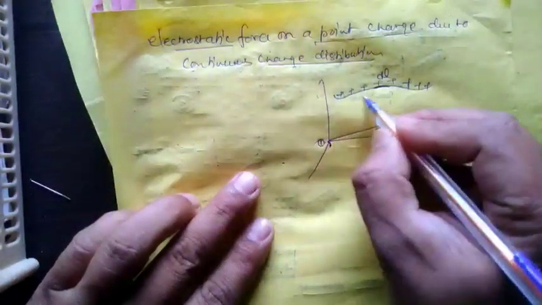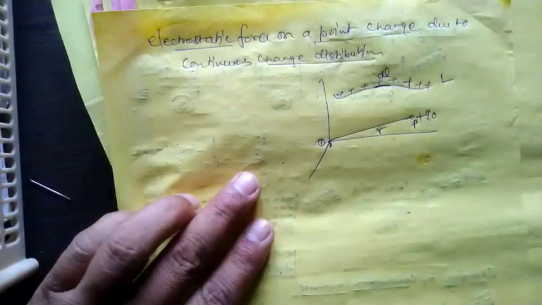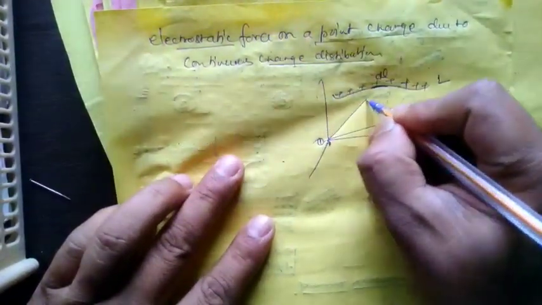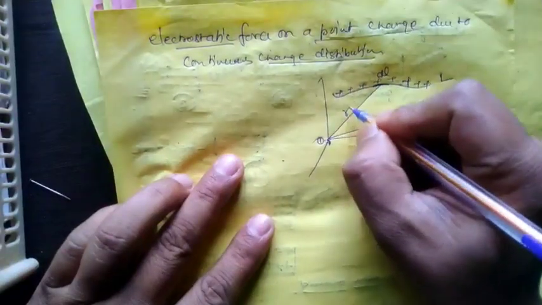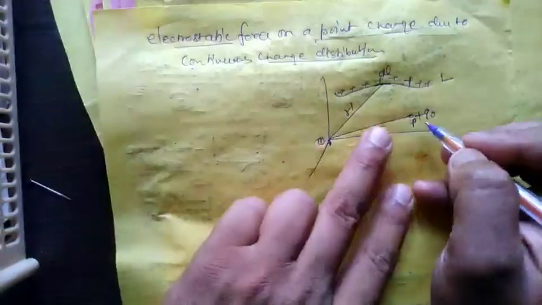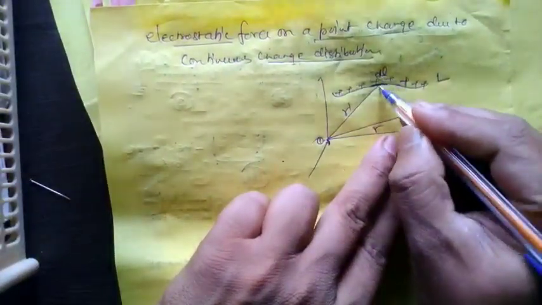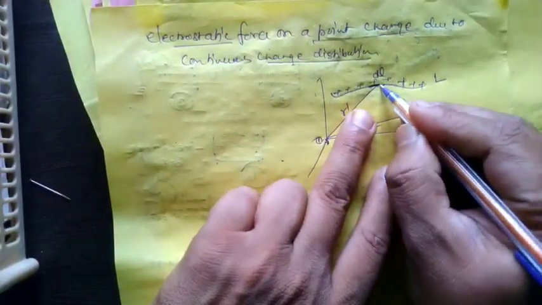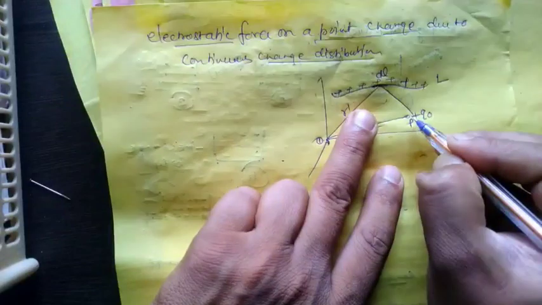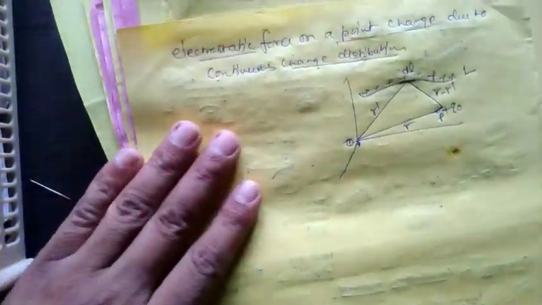The whole length of this wire is L, which is uniformly positively charged. Its distance from O is R dash, and the distance from the point P to dl, the small line element, is R minus R dash. Let us make it clear.